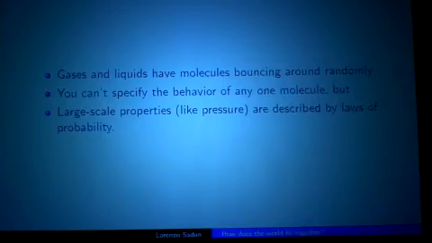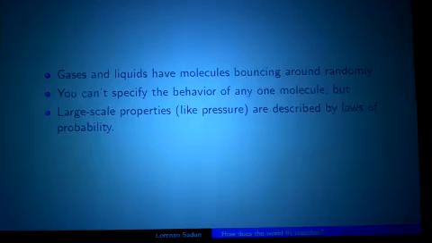I can't tell you what the 3,757,356,842nd air molecule in this room is doing. I've got no idea. But I do know that the density of air in that part of the room is pretty much the same as the density of air in that part of the room.